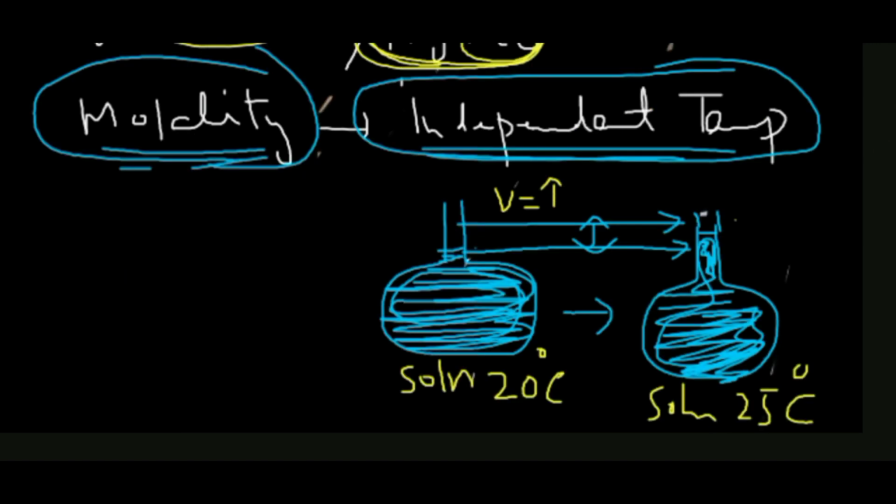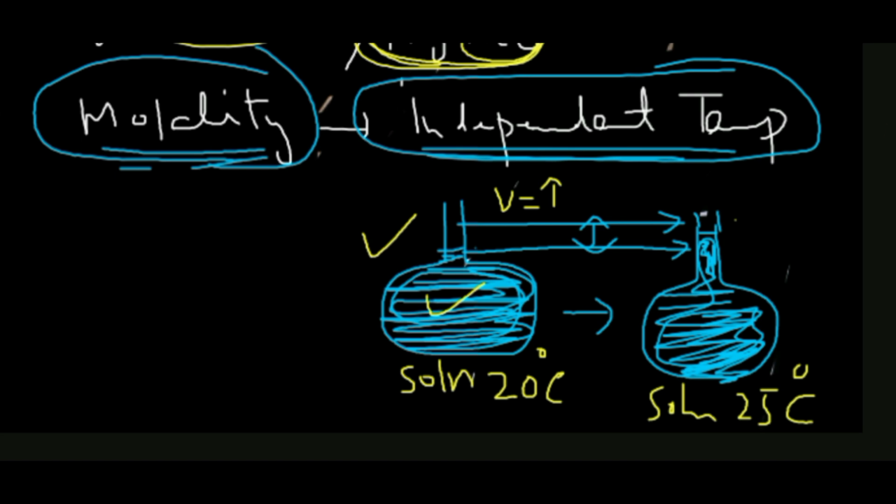So suppose we have prepared a solution at, we can say, 20 degrees Celsius. Now the amount of solute remains constant, but the solution volume increases slightly by about 0.1%.